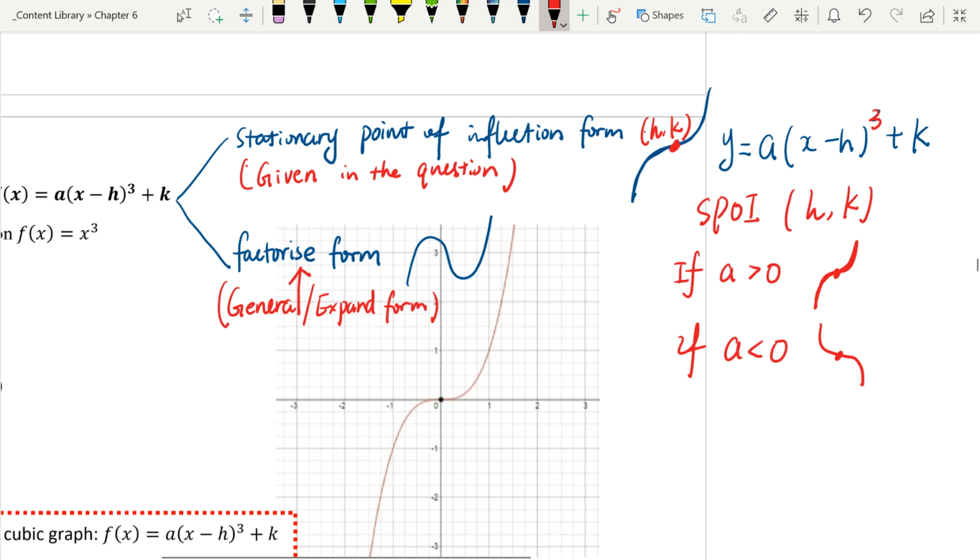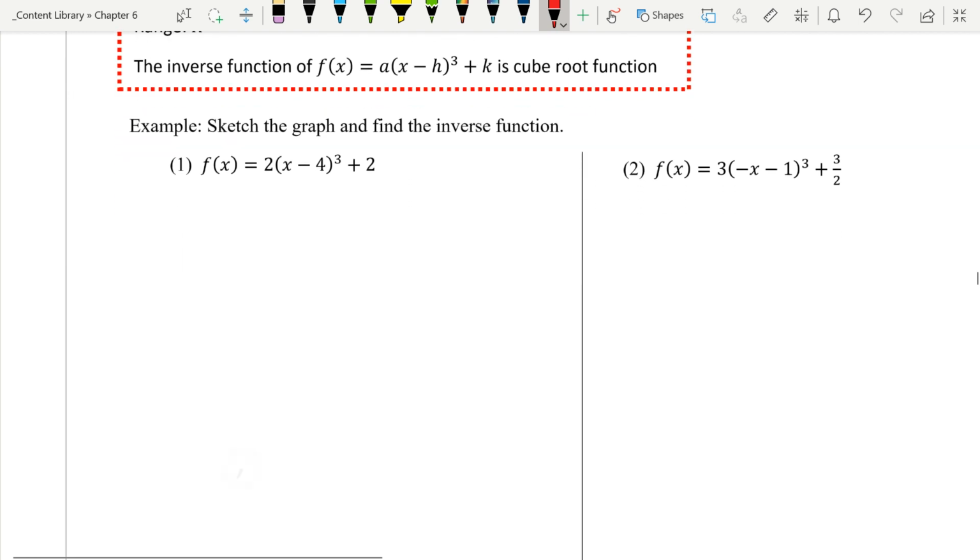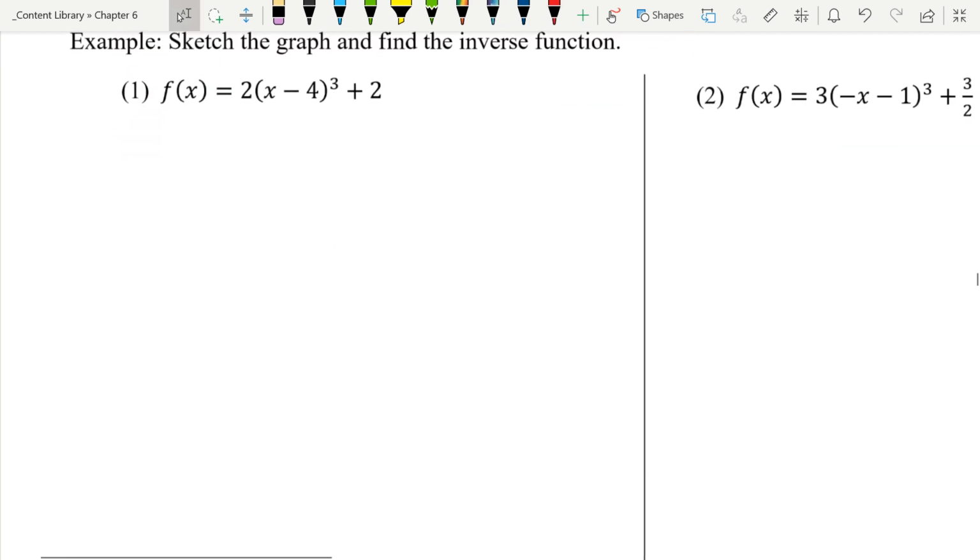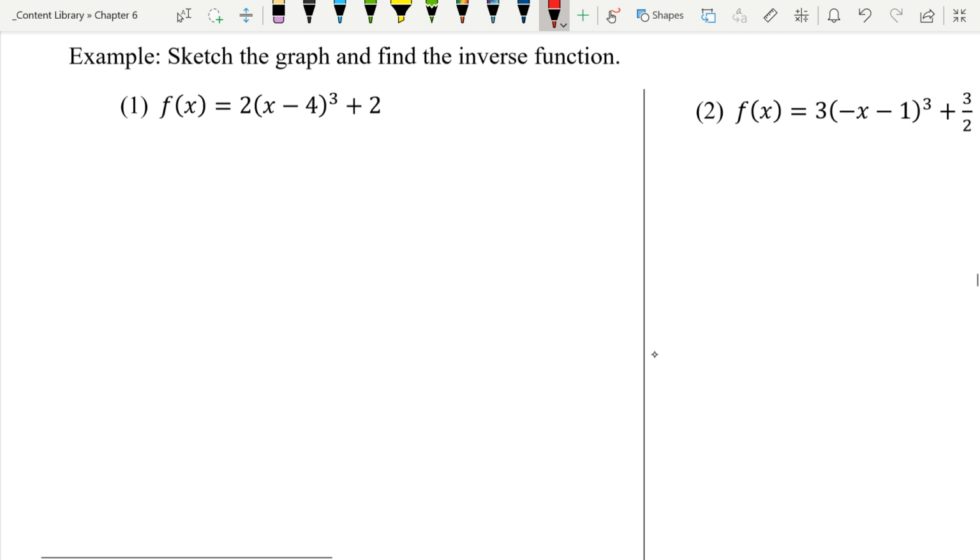All right, so that's the basic idea of the stationary point of inflection form for cubic. Now we look at this one. This is exactly the form y = a(x − h)³ + k. What's the stationary point of inflection in this question?